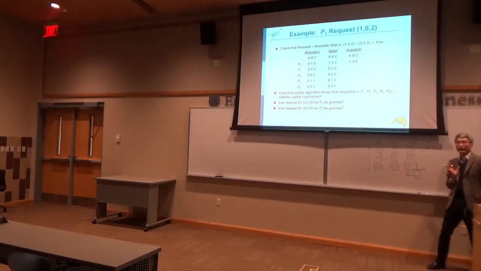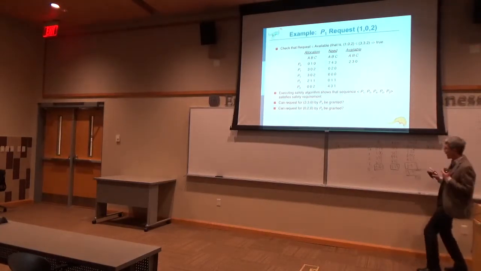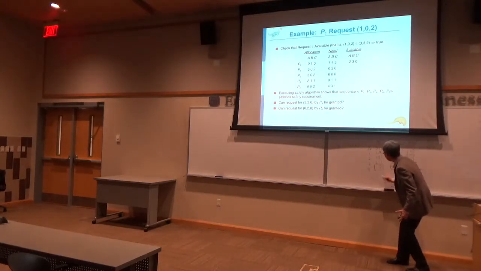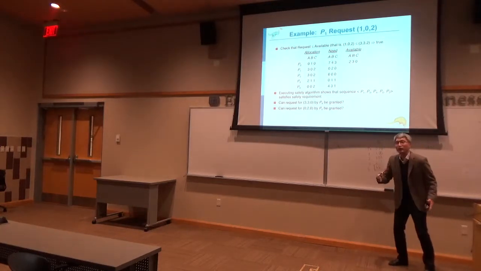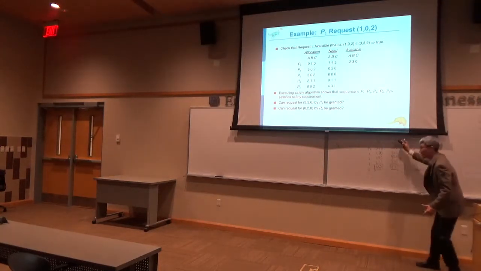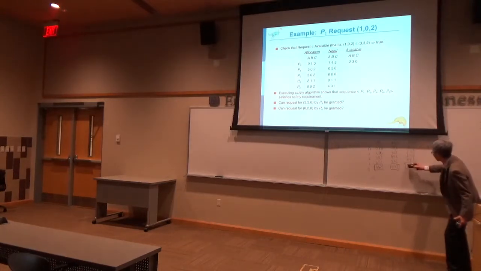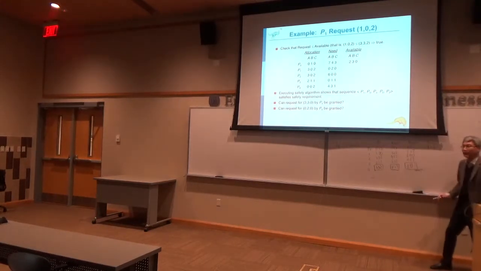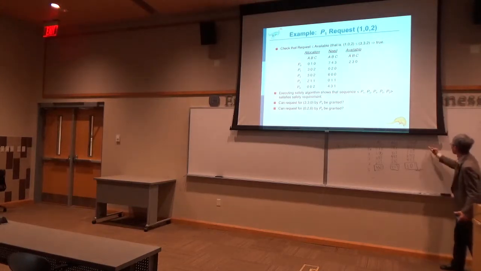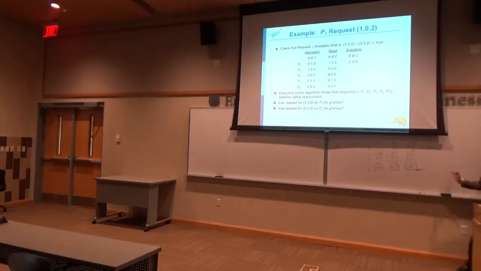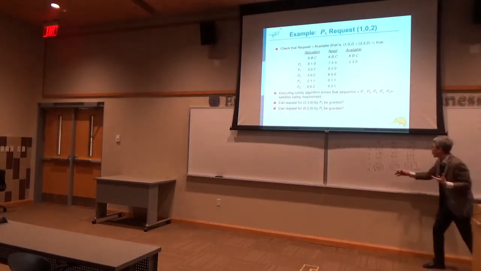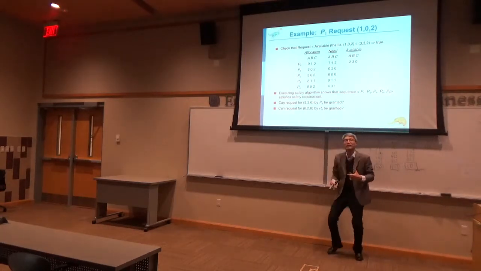Suppose that we accept such a request, which means 330 is allocated. Then maximum is not changing. Then the need is, since we already allocated, 1 more A and 1 more C is needed, and also 330 is allocated.